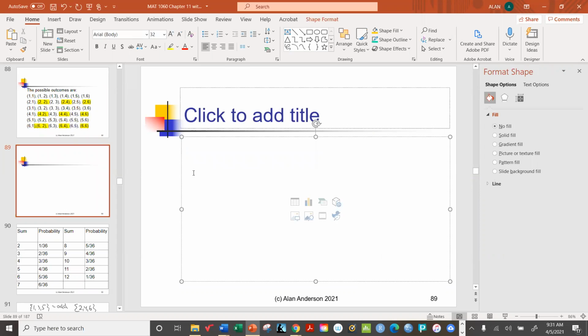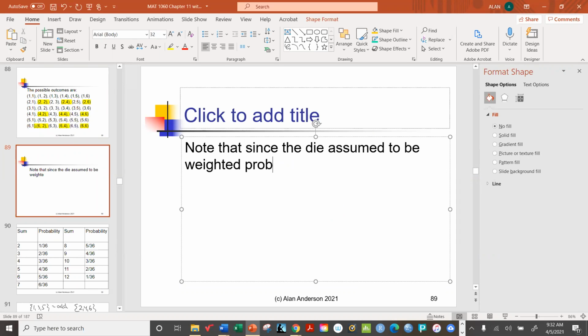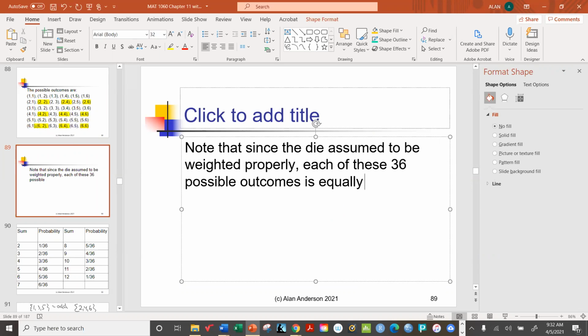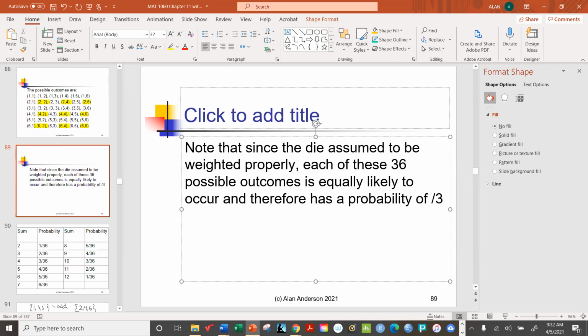Note that since the die are assumed to be weighted properly, each of these 36 possible outcomes is equally likely to occur, and therefore has a probability of 1 out of 36. Okay, that's an important detail.